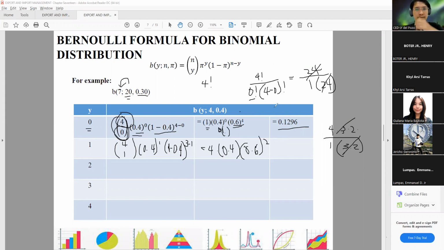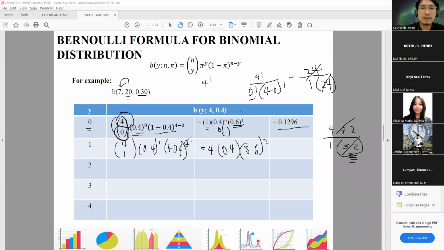Ano sagot? Tama ba? Sir, di po ba 4 minus 1 yun? Ito ba ang tinutukoy mo? 4 minus 1 is 3. So kaya pinactorial ko na 3 times 2. Kung tama ako na ito yung tinutukoy mong 4 minus 1.